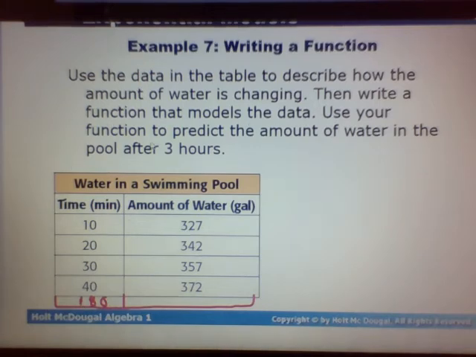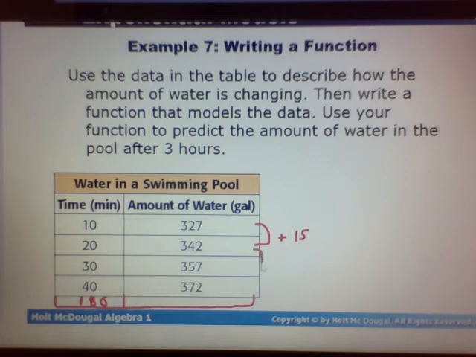So taking a look at what we have here, we have a 10, a 20, 30, 40, and so it does go up by a constant rate here. So now we can identify what's happening here. Between 327 and 342, we're adding 15.